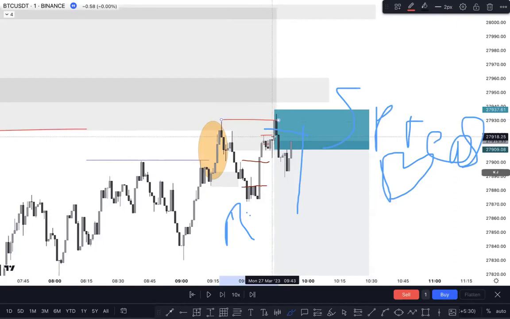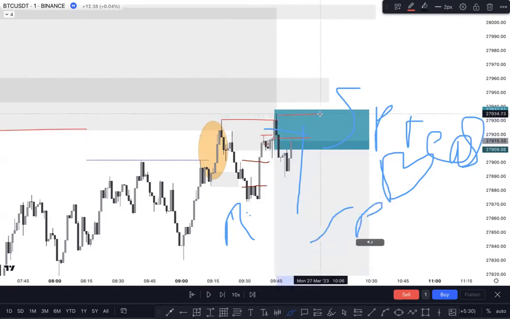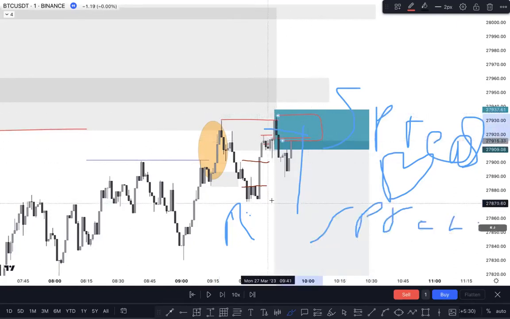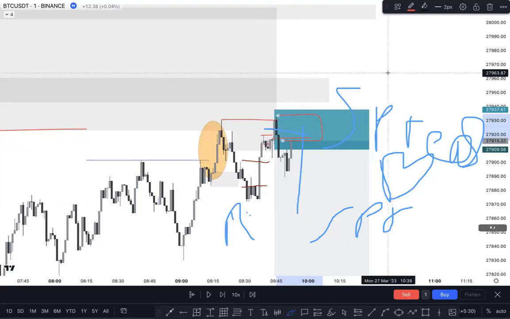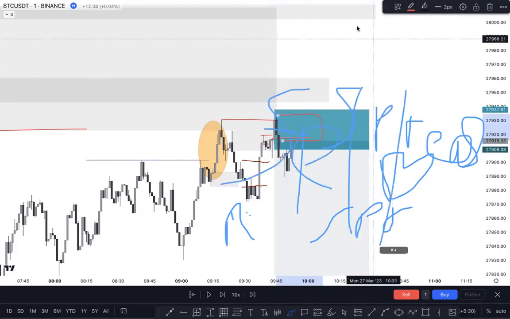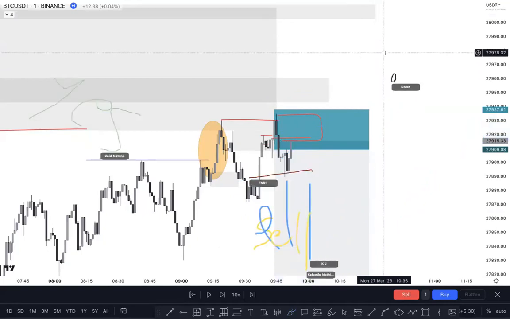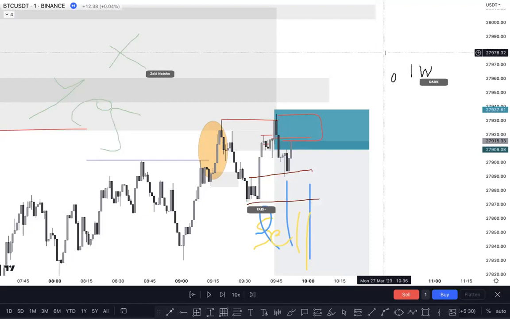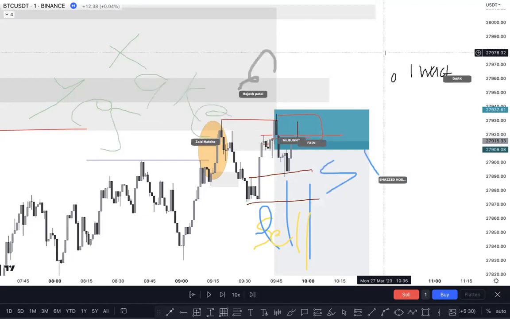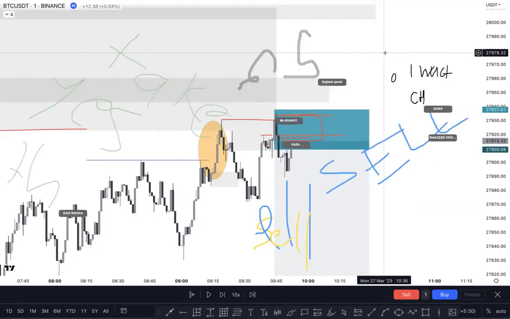Previous candle high sweep here. Sell or not? Everyone. Take it. Yes. Yes.